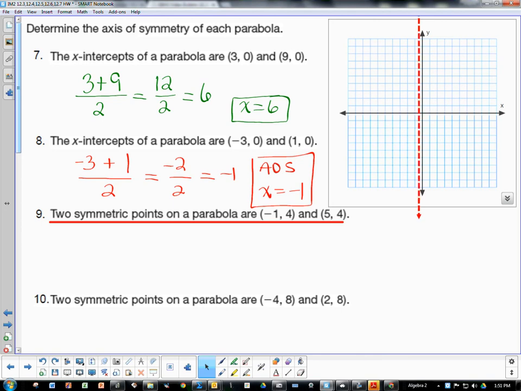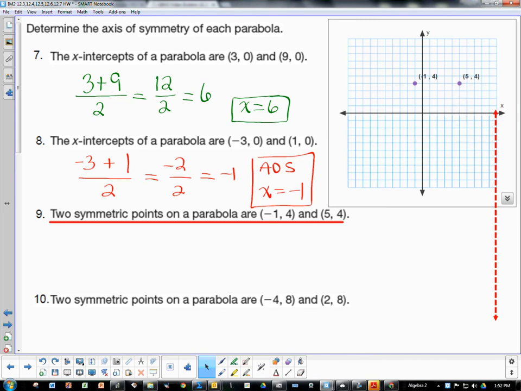I'm trying to start over here. Let's move this out of the way. All right, I'm going to quickly graph -1, 4. So left one up 4. There it is. And let's graph 5, 4. So 1, 2, 3, 4, 5, up 1, 2, 3, 4.